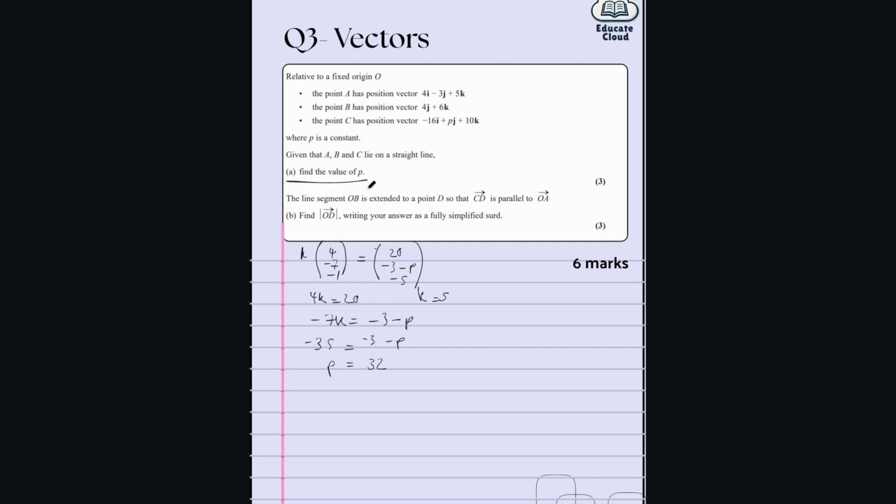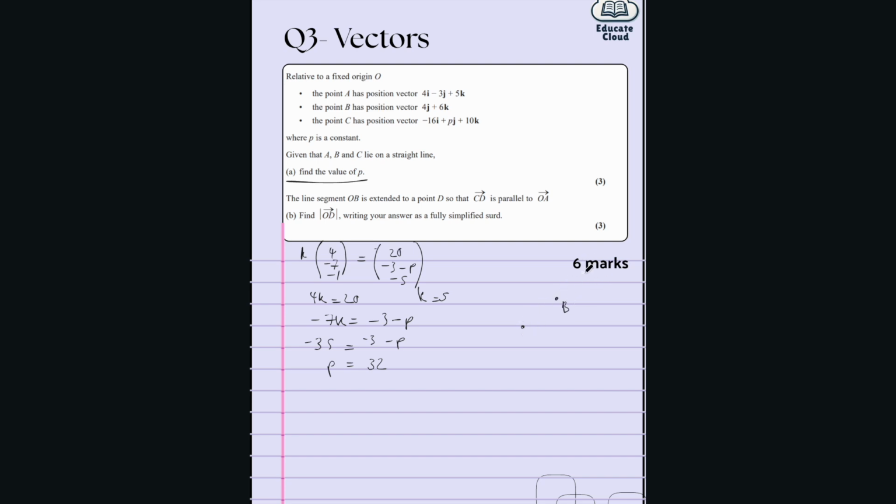Okay? Now the next part, it says the line segment of OB is extended to a point D, so that CD is parallel to OA. Okay? So again, O is here, B was let's say here.